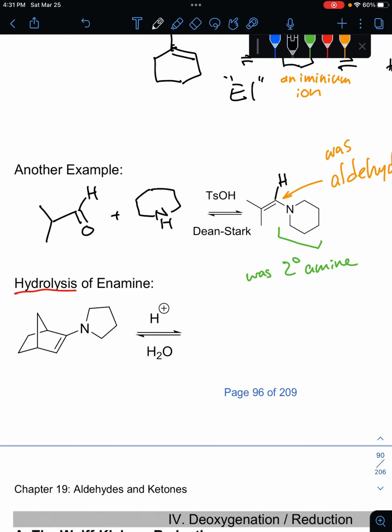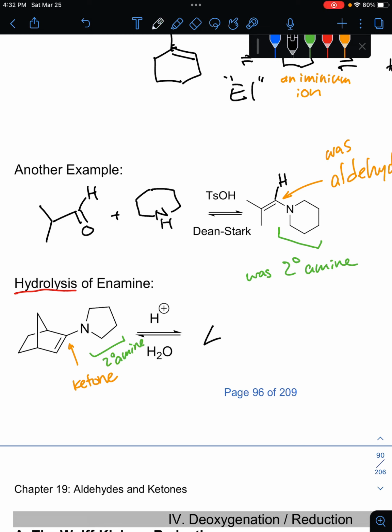So if we did try to do a hydrolysis of this, what would be the product? I want you to see that this is going to be the ketone carbon in the end, and this right here would be the secondary amine.